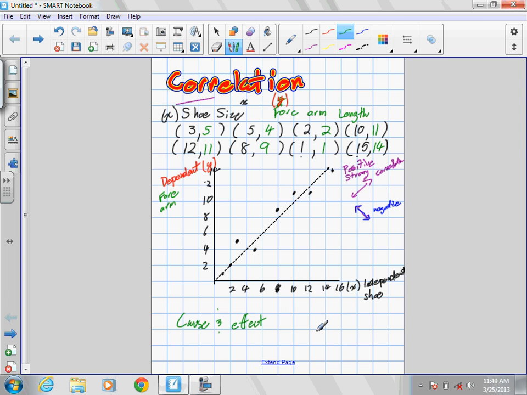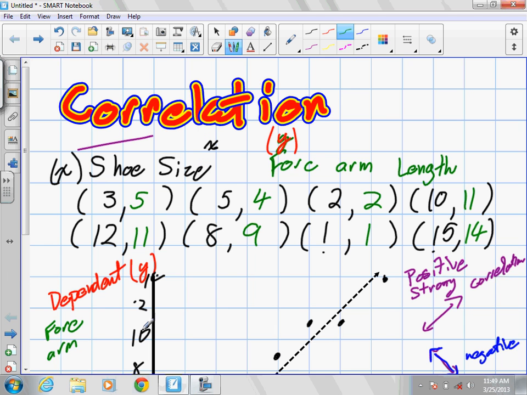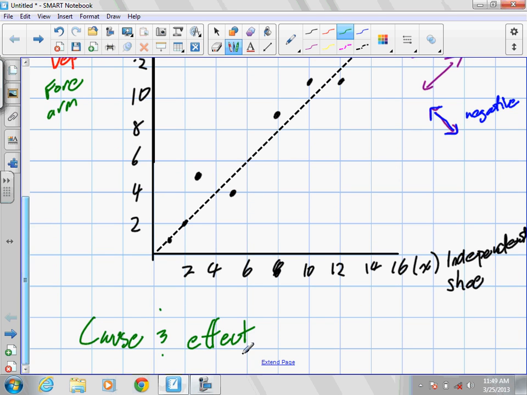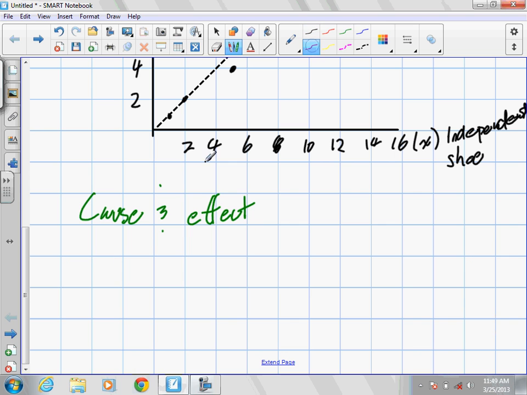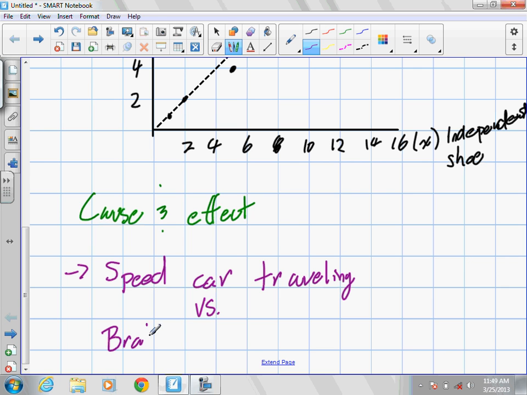But let's talk about something that may be cause and effect. Now, we don't have any data for it, but I just want to speak about this. Let's think about the speed a car is traveling versus braking distance. Okay?